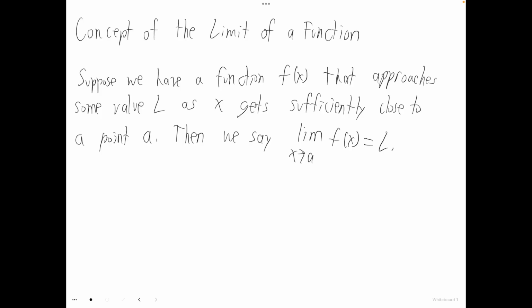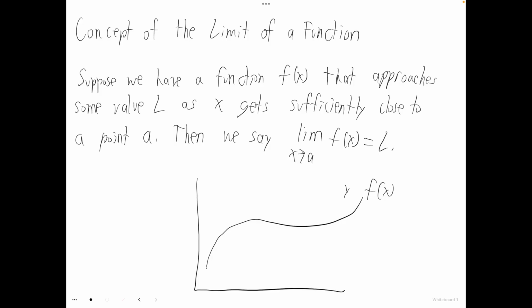Now graphically, what this is saying is we have something like the following picture. We have this function f of x, and we've got this point A. Notice that as we get closer and closer to the point A on this graph, if I take some interval around that point A, I'm getting really close in value to this point L over here on the y-axis.